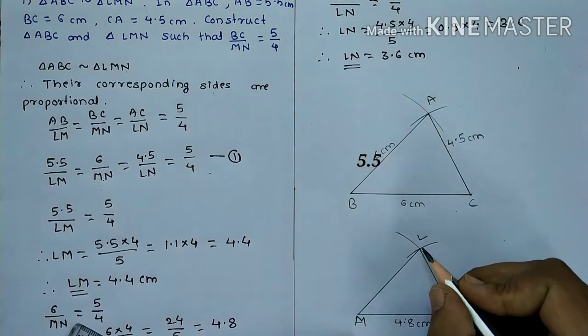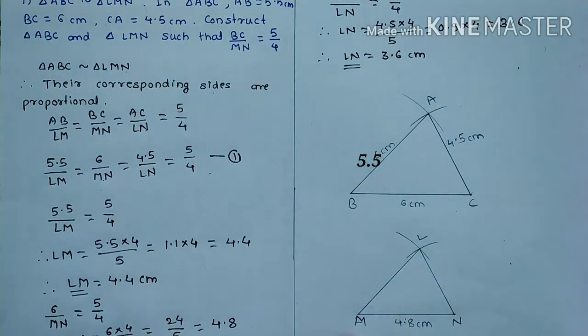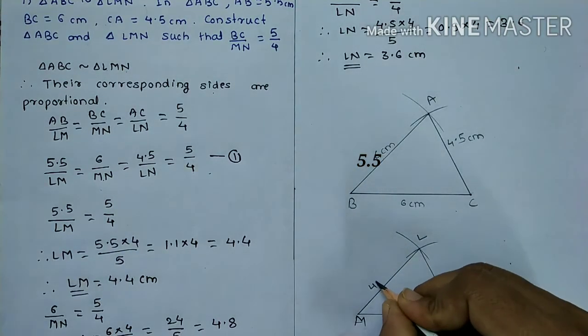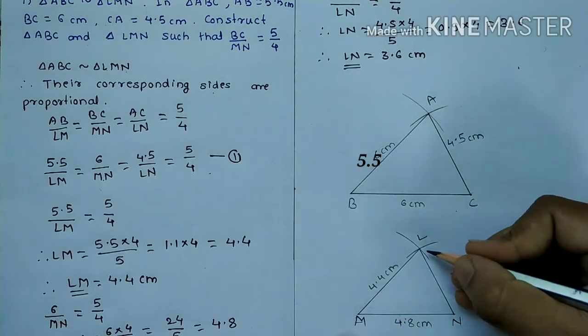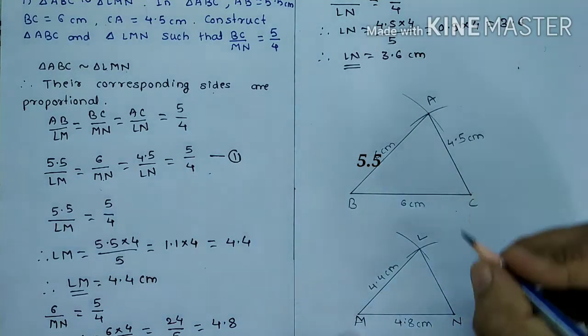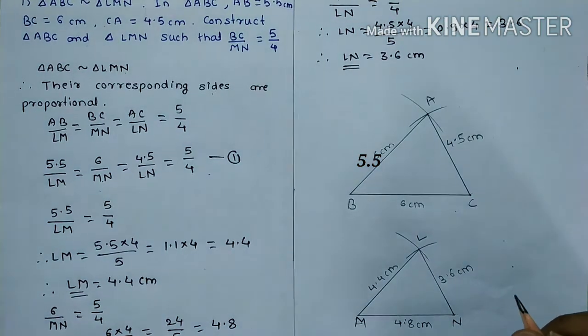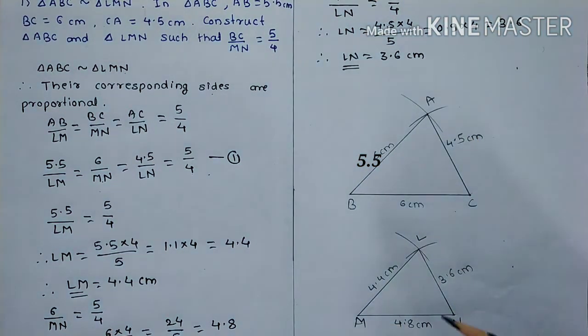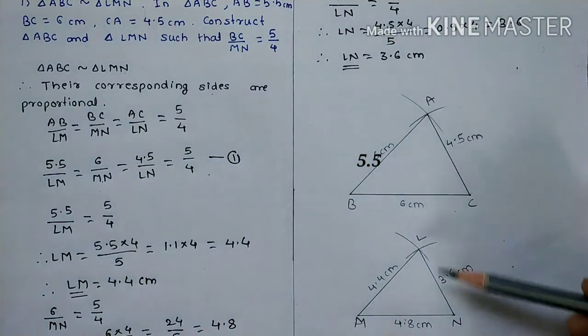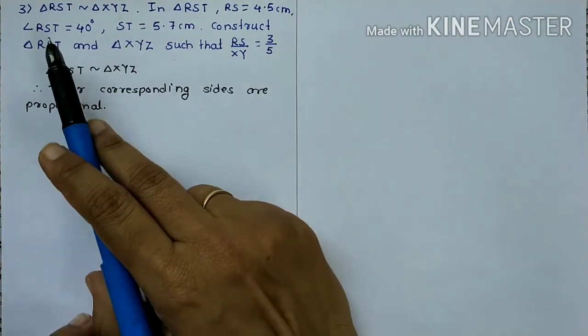Length of LM equal to what? 4.4 centimeter, and length of LN 3.6 centimeter. In this way we can construct similar triangles. Okay. See third example.